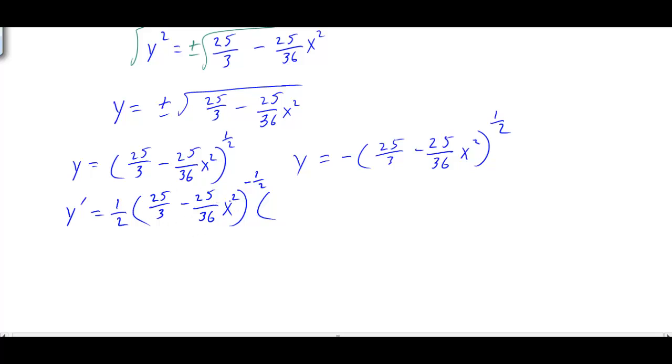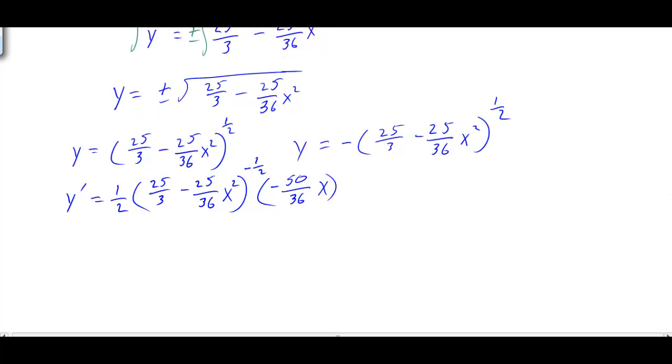The derivative of the inside: the 25 thirds goes to 0. The 25 over 36, we have to multiply that by 2, so that's a negative 50 over 36 x.